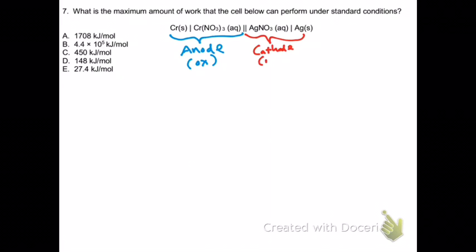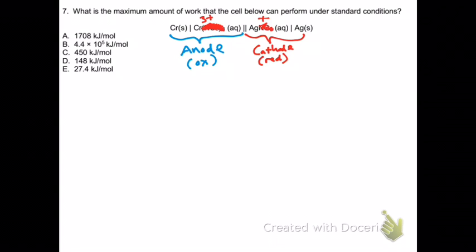So we're reducing silver. And in both cases, the nitrate is just acting as a counterbalancing ion. So the nitrate here is just acting to counterbalance the chromium 3+. And likewise, this nitrate is just acting to counterbalance the silver plus.